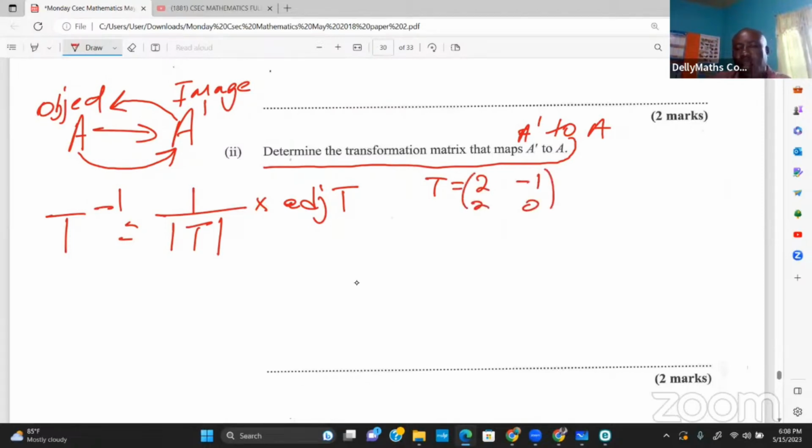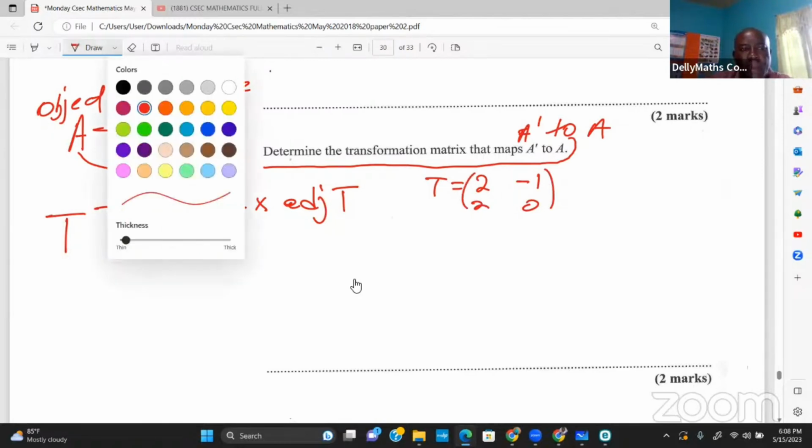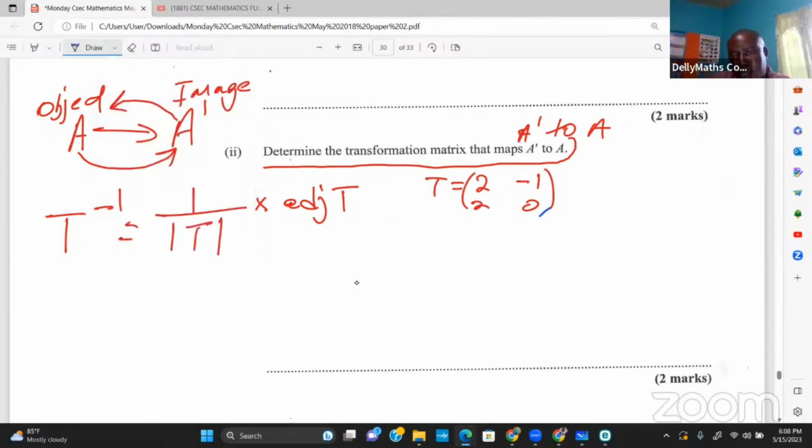We're going to do the determinant of that. And please be reminded that it's the product of the main diagonal. So let's find the determinant of T right here. It's going to be 2 times 0, and you're going to minus this other diagonal, which is going to be 2 times -1.